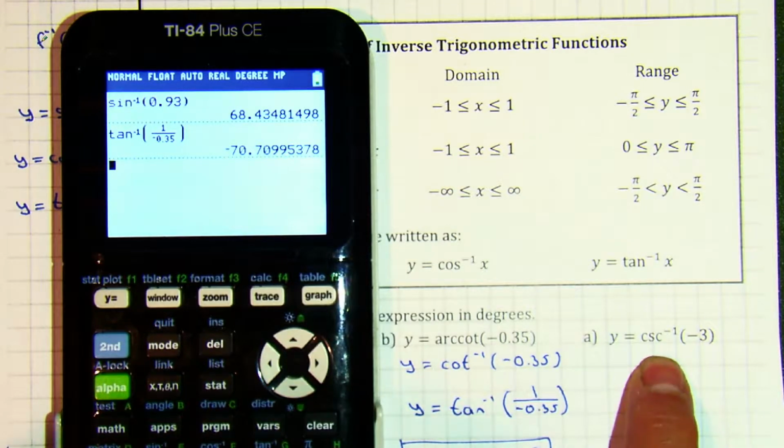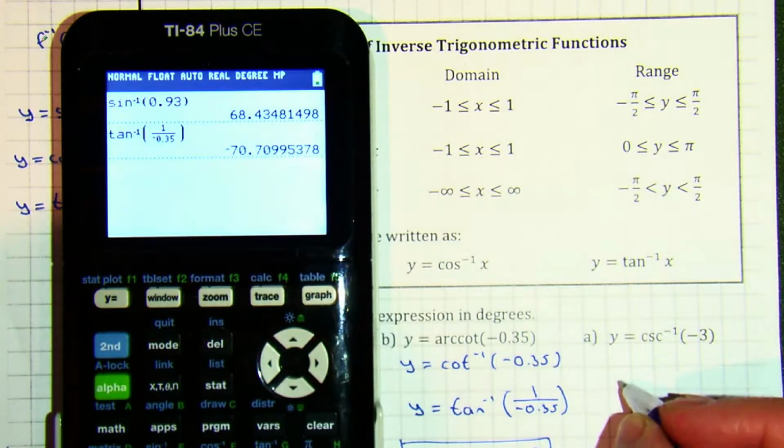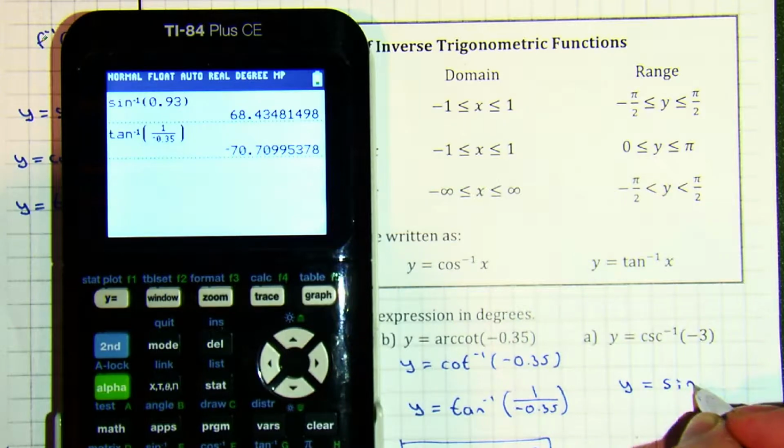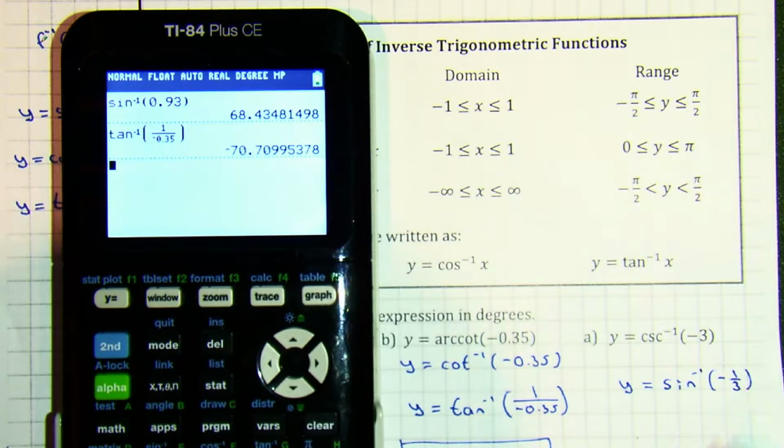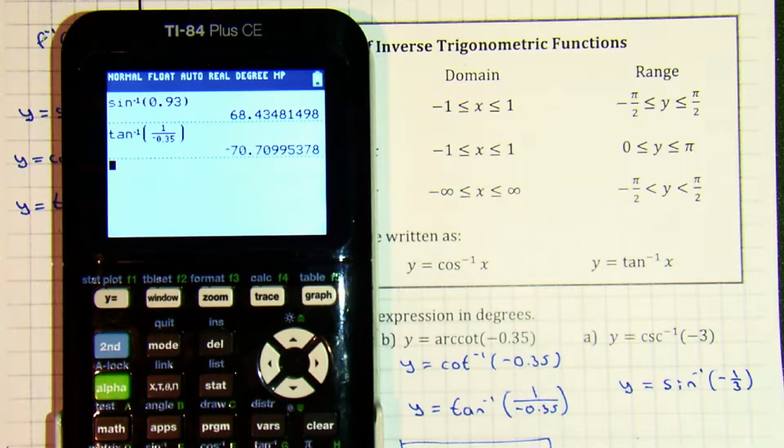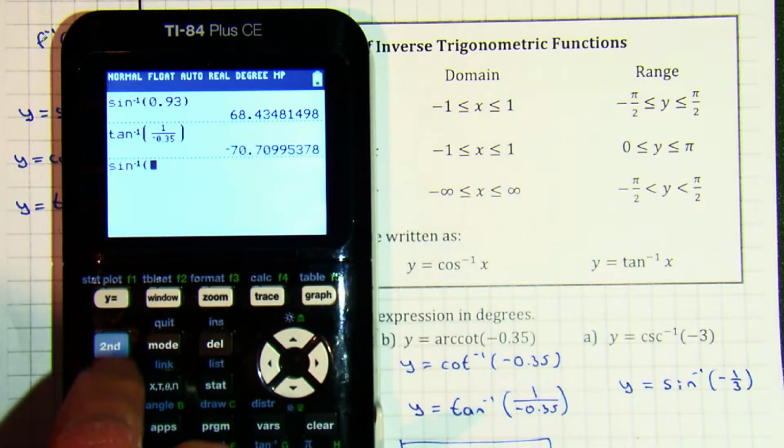And the last one, how can I type cosecant? Correct. You can rewrite it as y equals sine inverse of negative 1/3, or 1 over negative 3. So when I type this into my calculator, I might use my fraction bar.